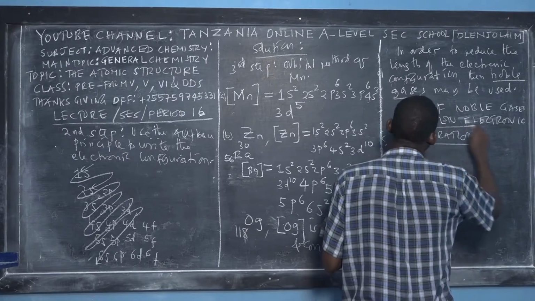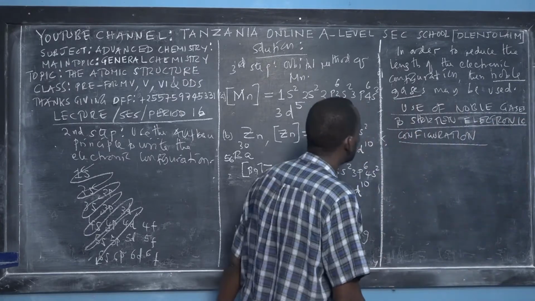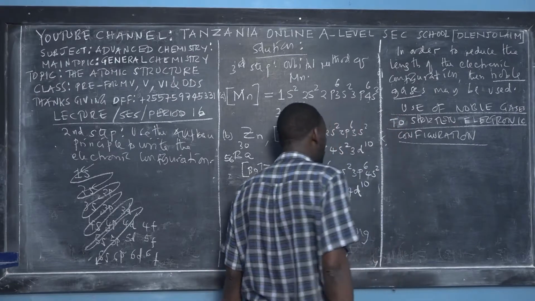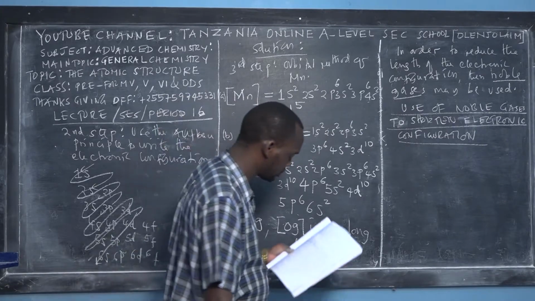How can you use noble gases to shorten the normal, the advanced electronic configuration?